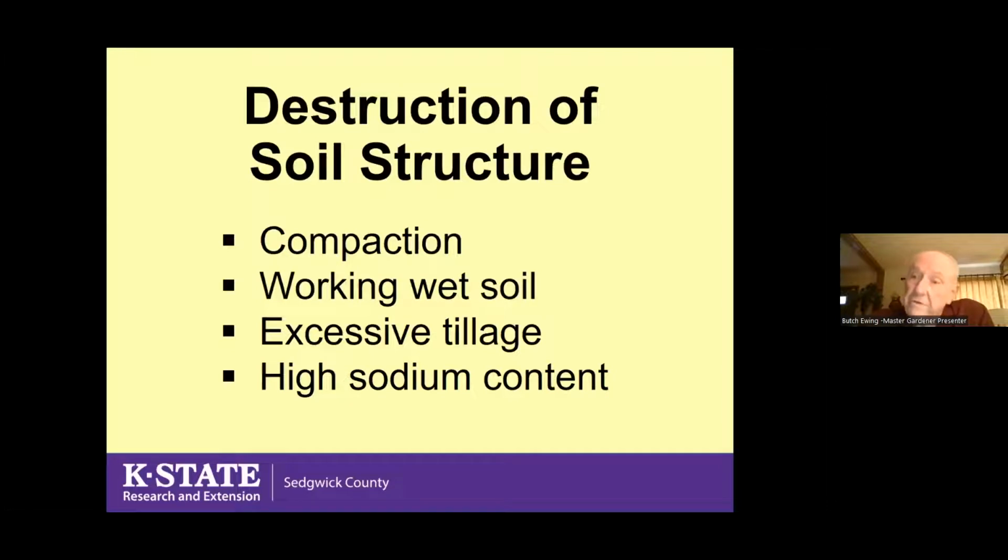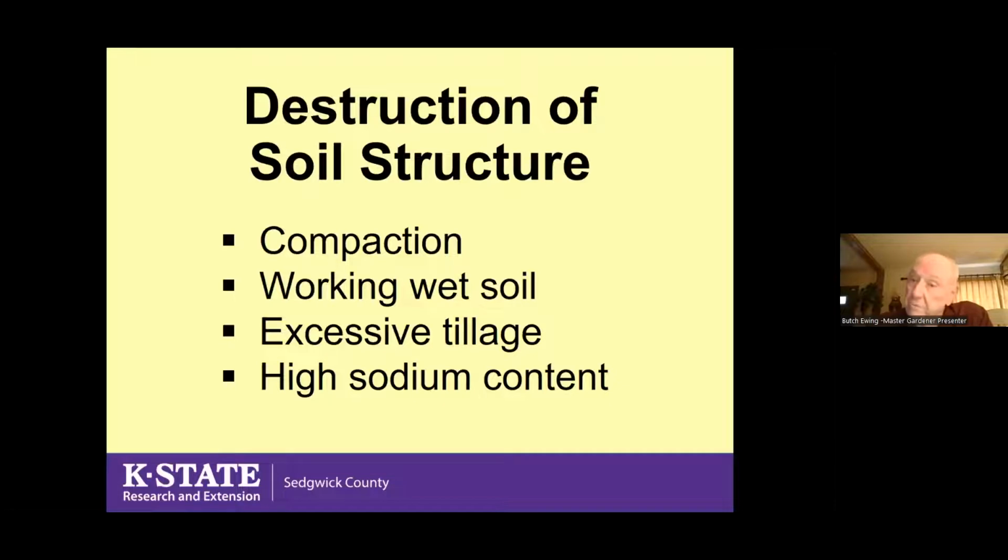Except there are ways that you can help to destroy that structure. Compaction is probably the most common issue, where you walk on it or you run equipment over it and squeeze those air spaces together and break that structure down. That's a real common issue.